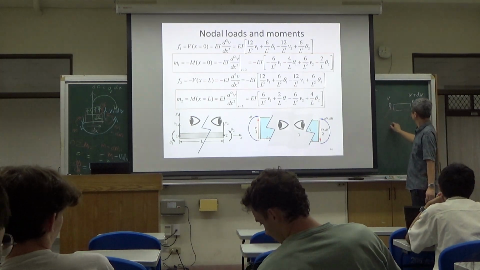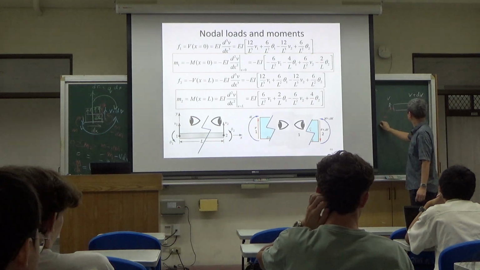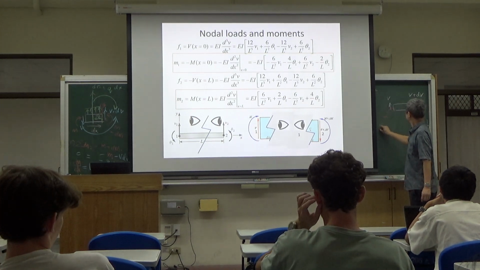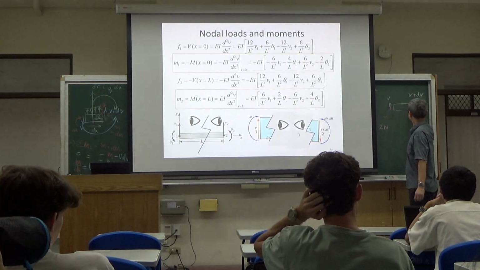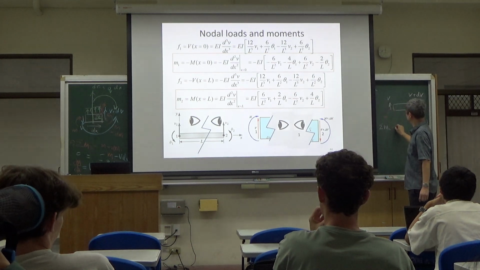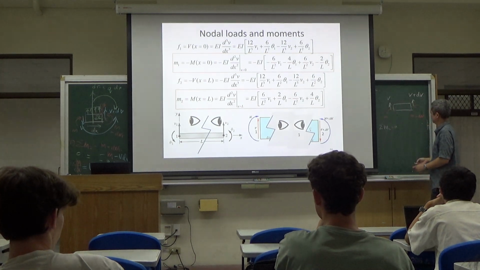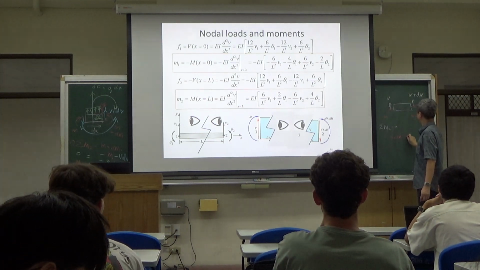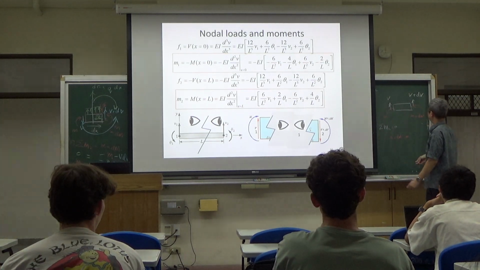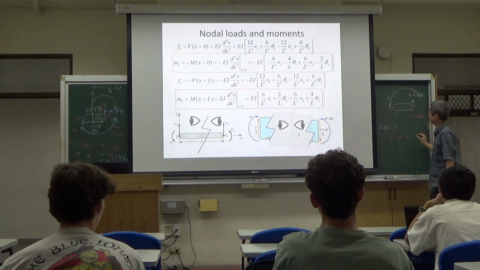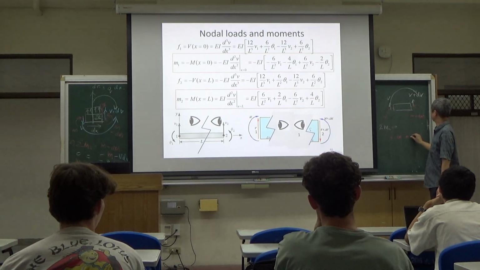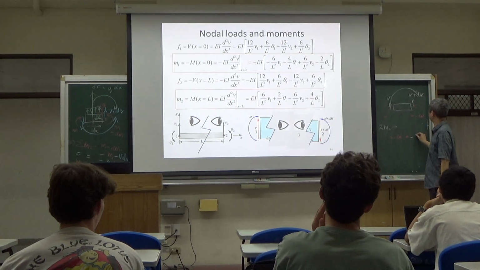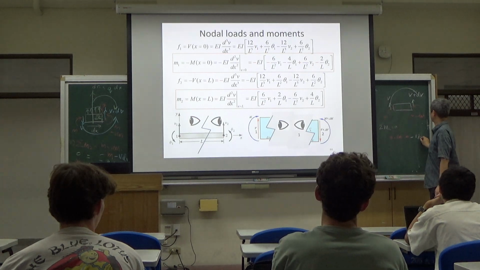Okay, let's take the moment sum. It is going to be M plus dM minus M, and then this one is positive. So this is negative b dx.